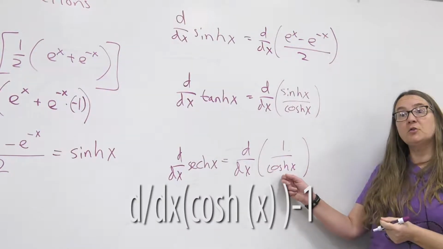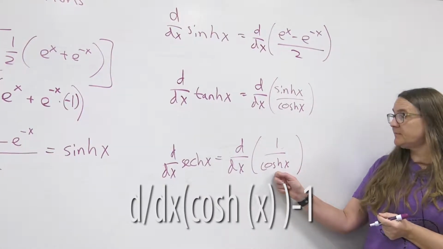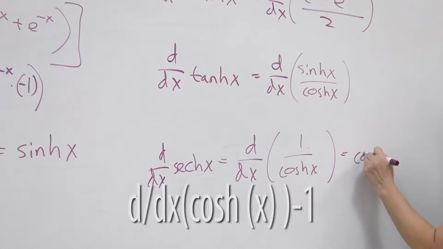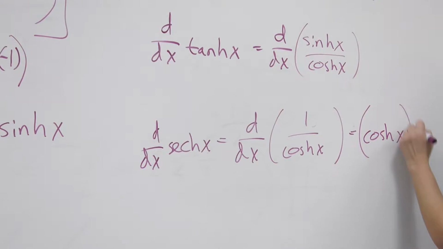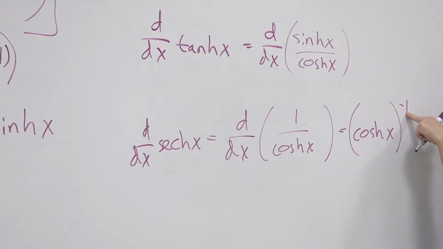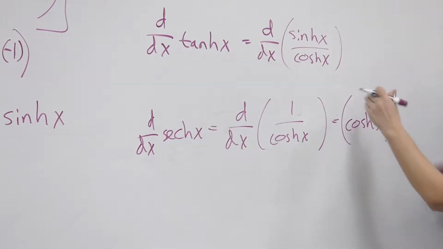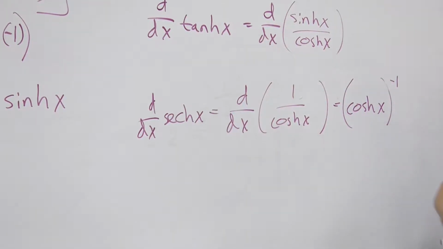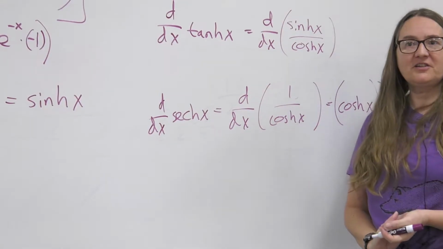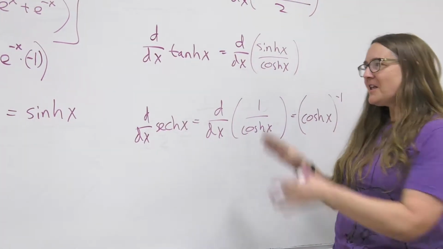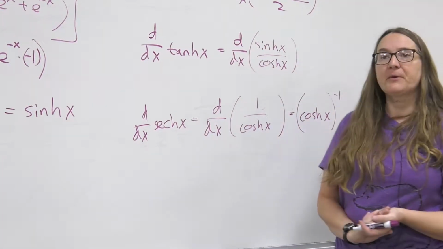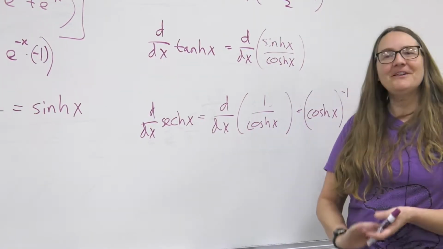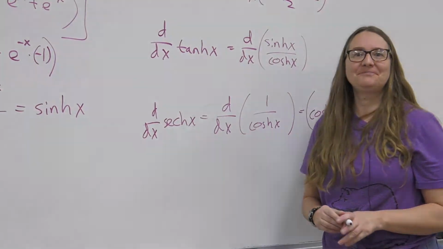And you can decide whether you want to use quotient rule or simply rewrite that as cosh to the -1 and use chain rule. That's cosh to the -1 power, not cosh inverse, because I put those parentheses right there. And you can do something similar with cosech and cotanh. So go ahead and stop the video, work out the derivatives for the remaining 5 hyperbolic trig functions. When you're done, turn the video back on and you can check your answers.